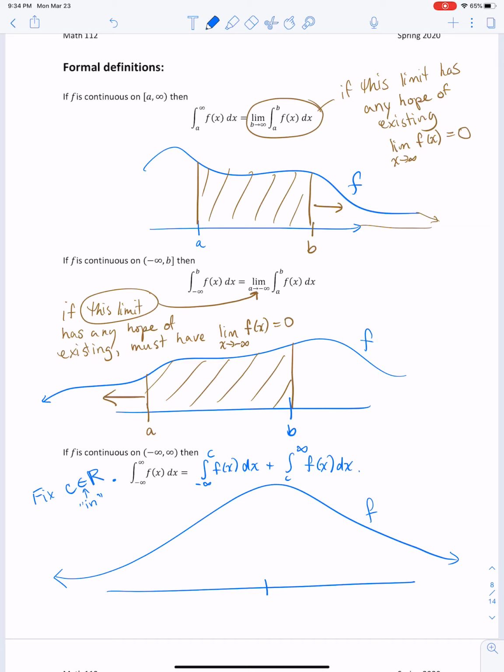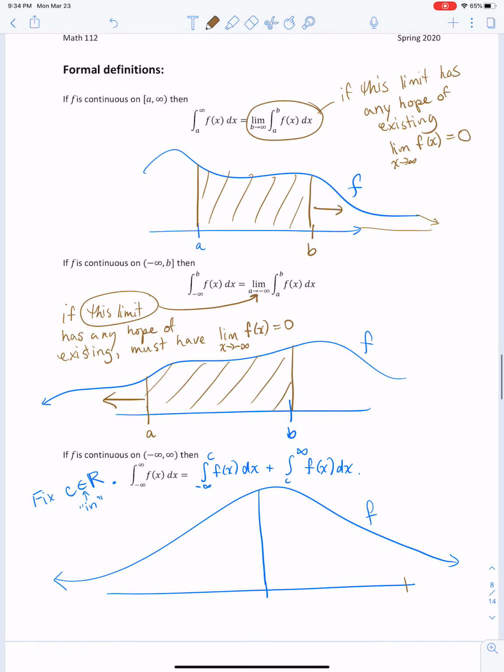So we can pick any point in the real line and split our integral into two pieces. This point here is c.